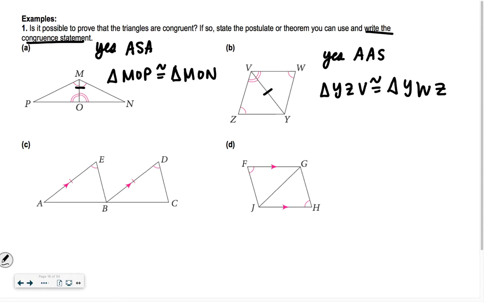All right, so the next one we have parallel lines. So whenever you have parallel lines, you could use a little highlighter or something and you can extend those lines. So let's say this is our transversal. If I mark this angle right here, it's congruent to this other angle right here by what? What kind of angles are those? Yeah, corresponding angles.